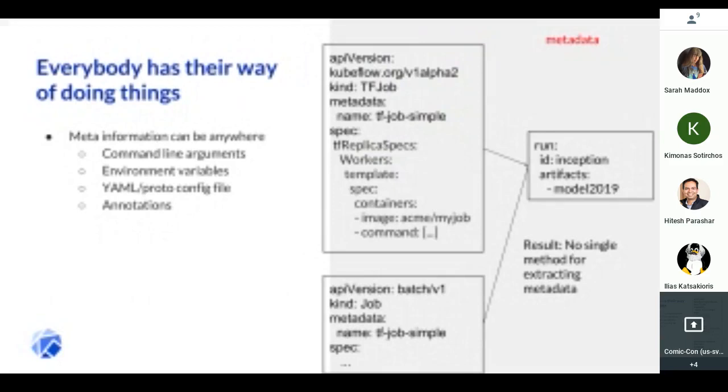So last week Zhengwei presented some ideas that he and AJ have been working on for some standard schemas for metadata, and one of those was a run schema for tracking all the executions of the model. And the lack of common patterns for encoding this meta information prevents us from building tooling and automating the collection of this metadata.